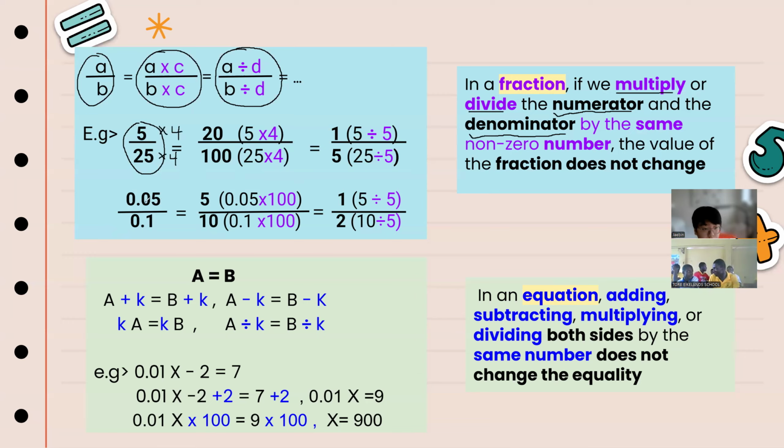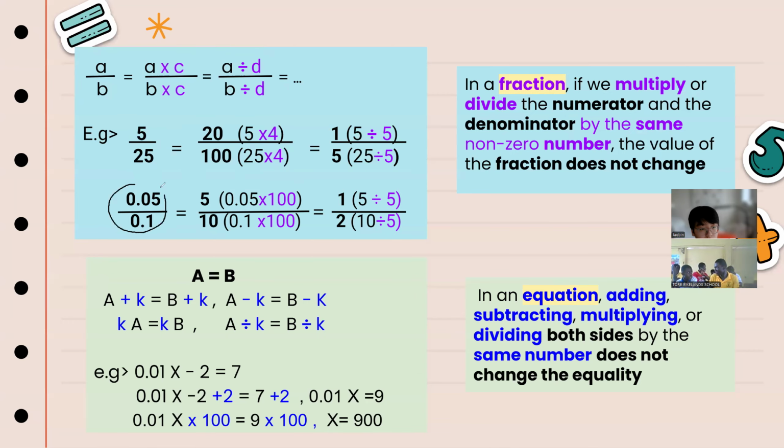And we have more examples like 0.05 over 0.1. How do we solve this? We can multiply by 100 on both the numerator and the denominator, and that will be 5 over 10. That's the same fraction as 0.05 over 0.1.